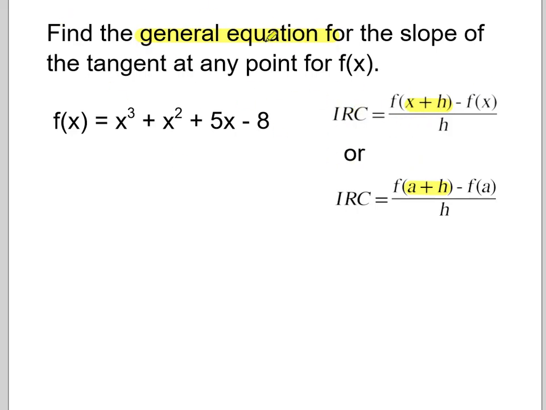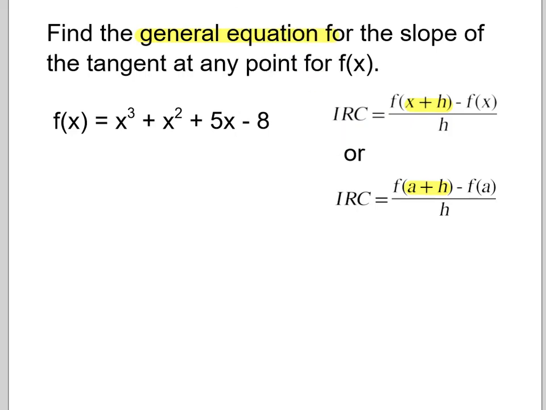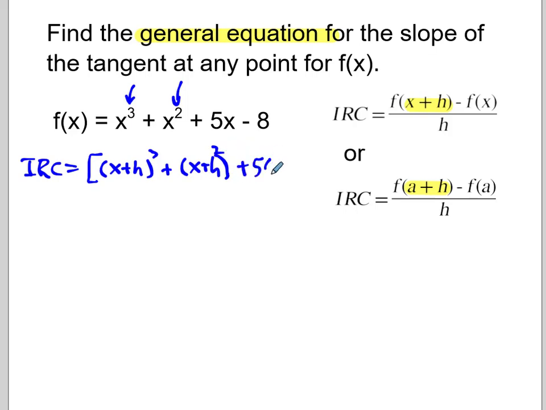So our IRC, when we set this up, is going to get a little bit big. There's a bit of algebra to make this happen, mostly because of these guys right here, the cubed and the squared. So I like square brackets. So I'm going to put x plus h all cubed, x plus h all squared, plus 5 times x plus h, minus 8, all in one bracket.